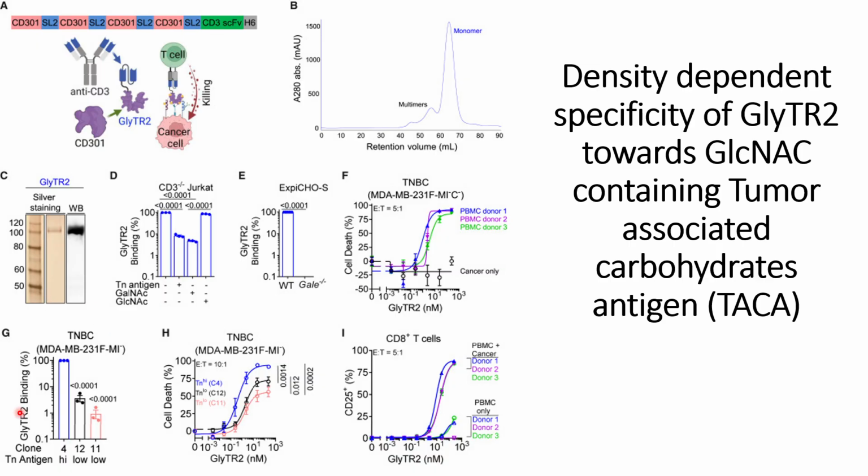They are able to see that when the high antigens are present, the binding is high. When the low antigens are present, in the case of clone 12 and 11, the binding is lower, indicating that with high density, the binding efficiency of GlyTR2 is high. And when they check the cell death, they see a relative increase in cell death where the binding efficiencies are high, and lower cell death where the binding efficiencies are lower.